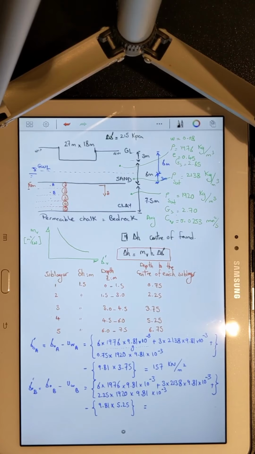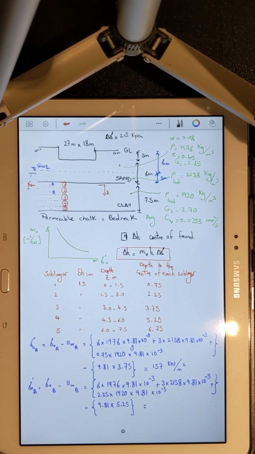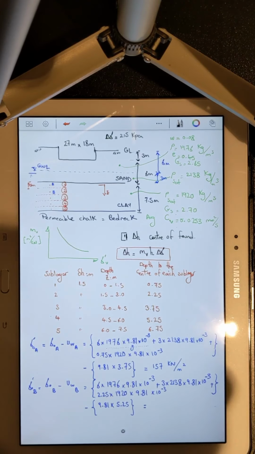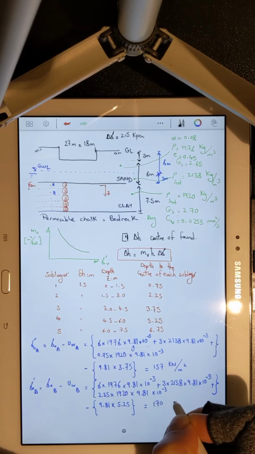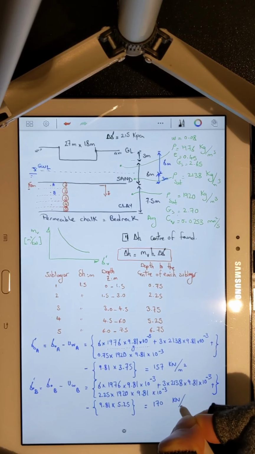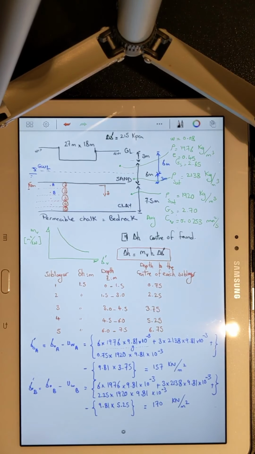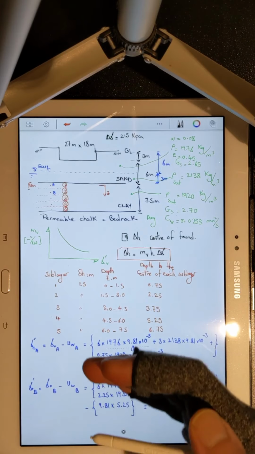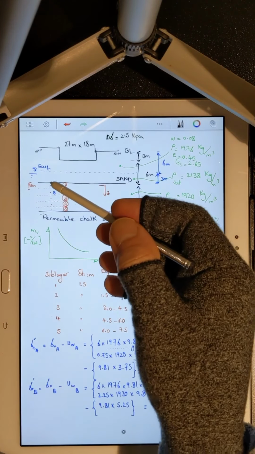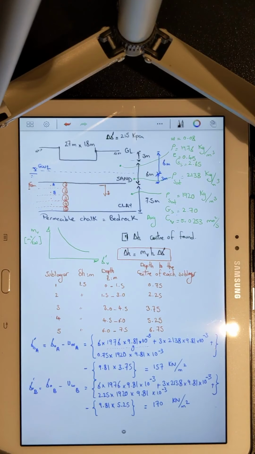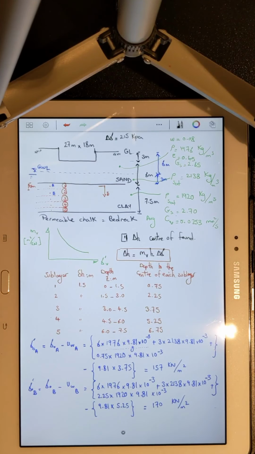So your initial effective stress at point B, which is in the middle of sublayer 2, is equal to 170 kilonewton over meter square. And you've got to repeat this analysis to get the initial effective stress at the center of each of your sublayers, and then report this in a tabular form.